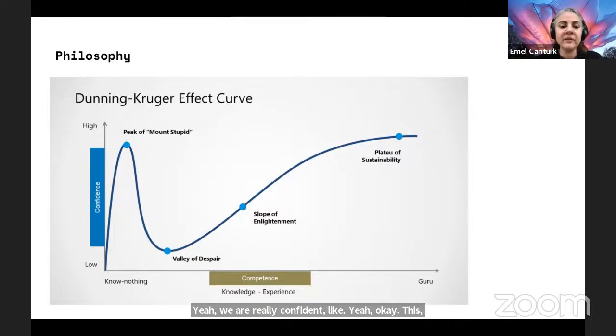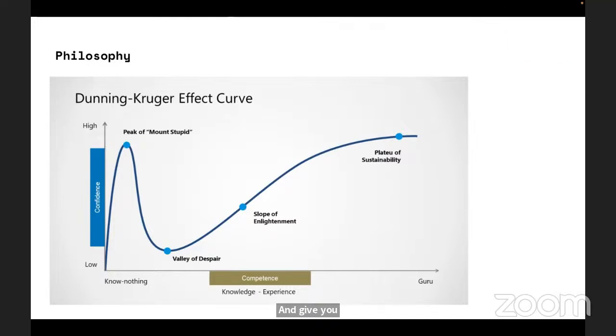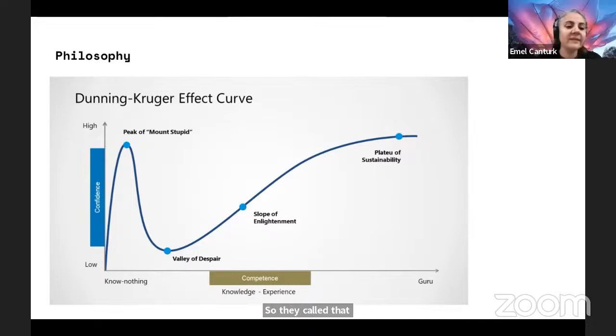And I think especially for Midjourney or Stable Diffusion or this kind of image synthesis model, people are like that. Okay, it's so easy. Everyone can do that. You just type it in and it gives you output. So they call this point the peak of Mount Stupid.